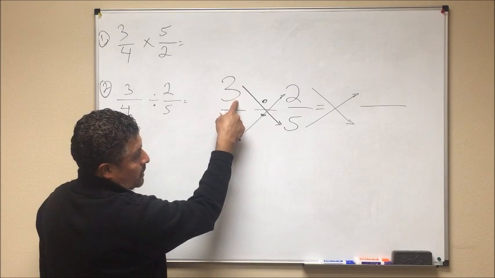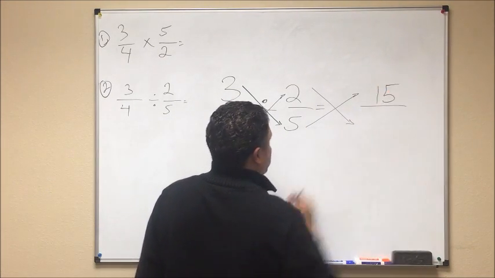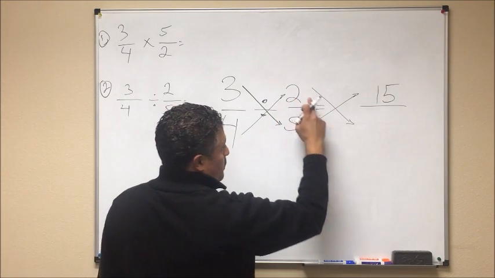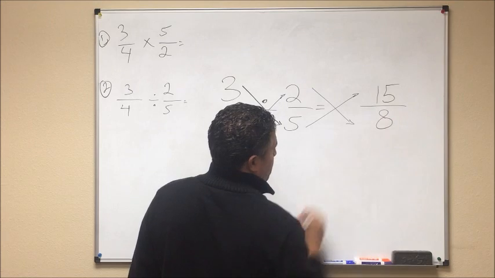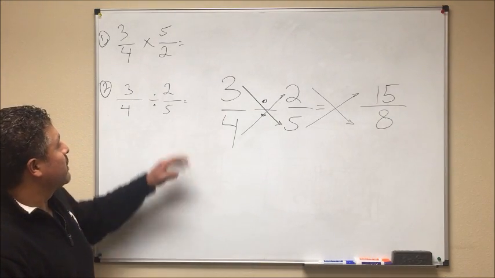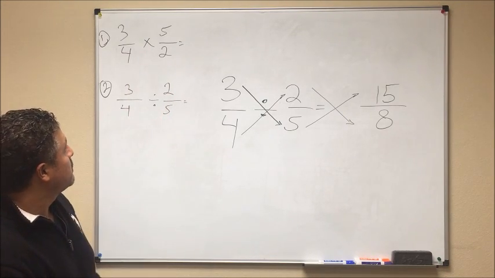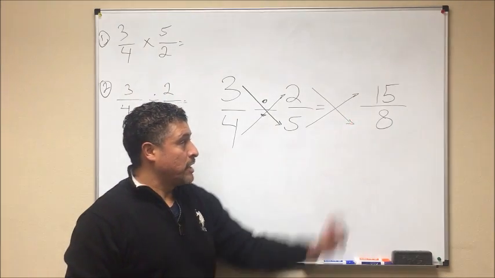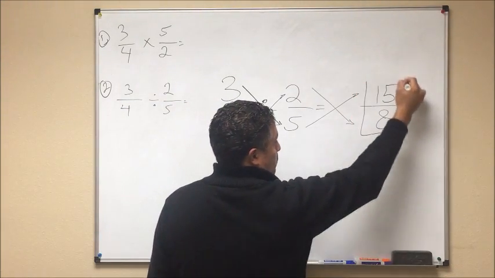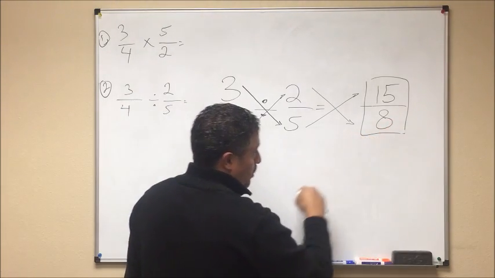You're gonna say 3 times 5 equals 15. And 4 times 2 equals 8, correct? And as a matter of fact, I grabbed the wrong numbers. Actually, no, I did. Okay, so now the answer is 15/8, but this is an improper fraction. That is not the correct answer. You have to fix it to a proper fraction.